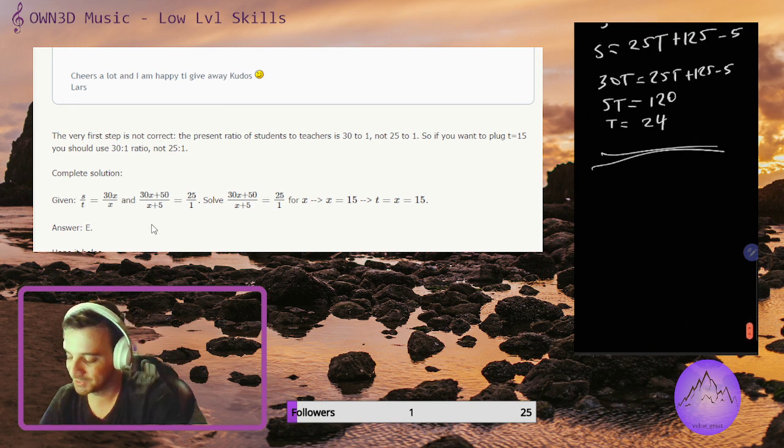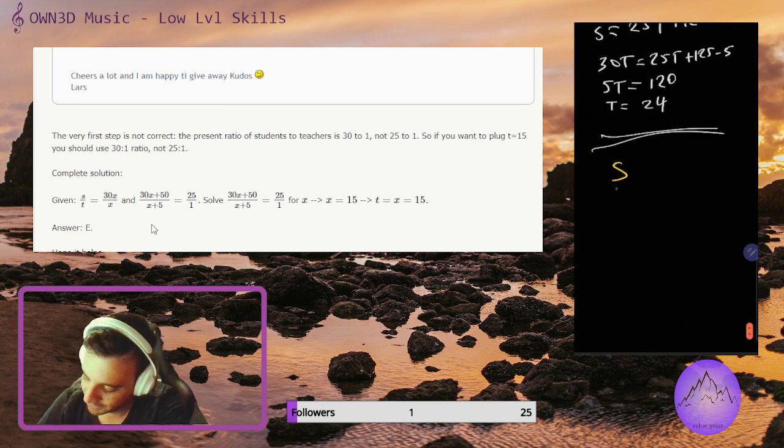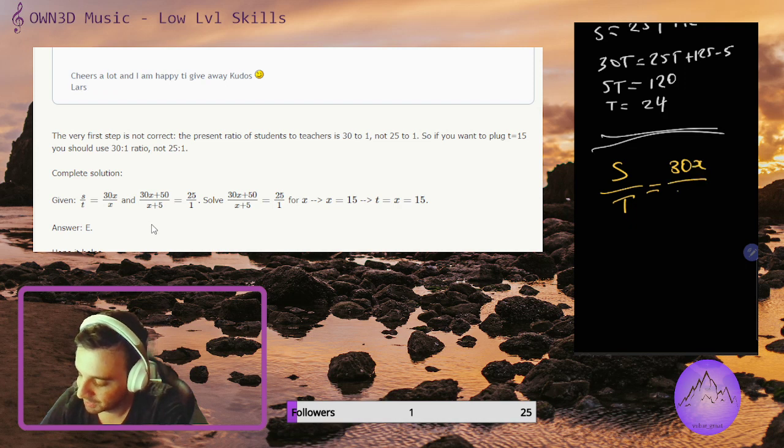That seemed to make sense, but the other way to look at it would be the number of students divided by the number of teachers equals 30 times some number versus that number. I think that's essentially the same logic, right?